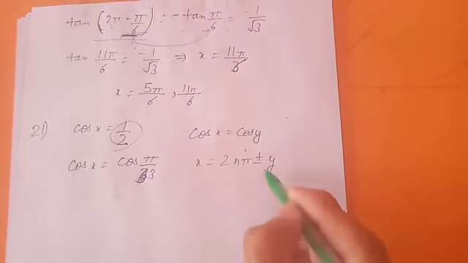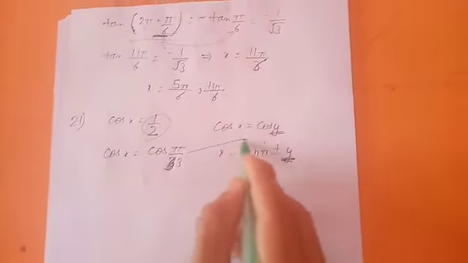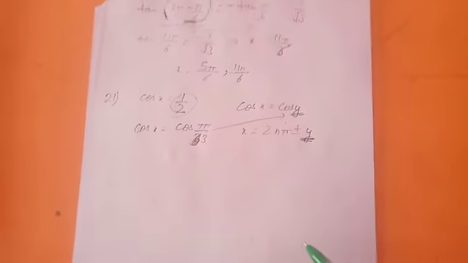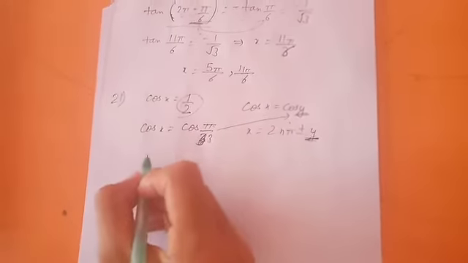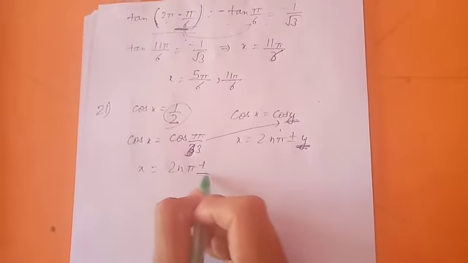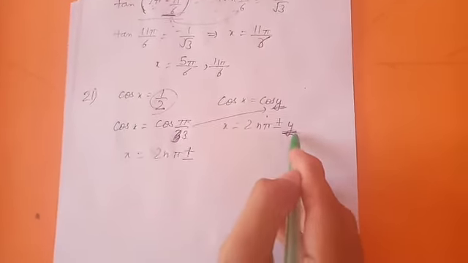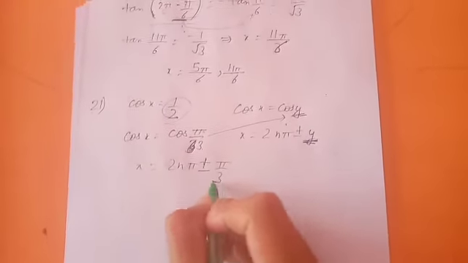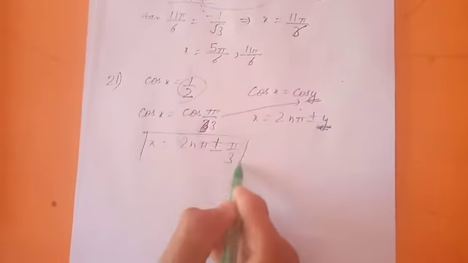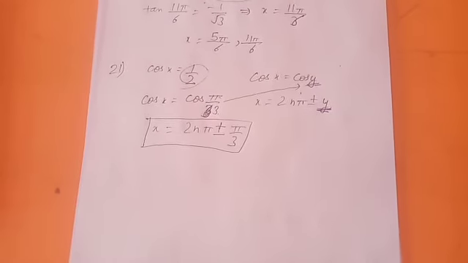Now what is our y here? Here our y is pi by 3. So what will we get then? X will be equal to 2n pi plus or minus, it will be the same, and we will replace just the value of y by pi by 3. So it is the general solution of this question.